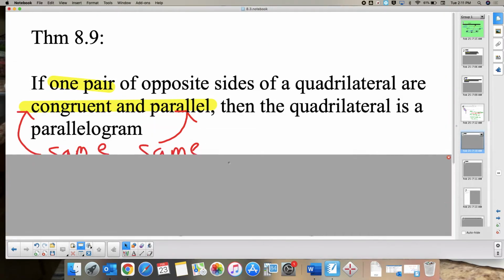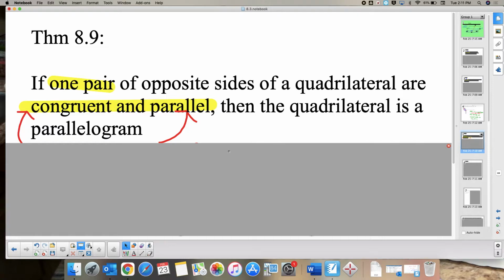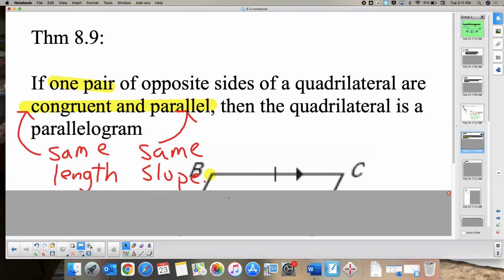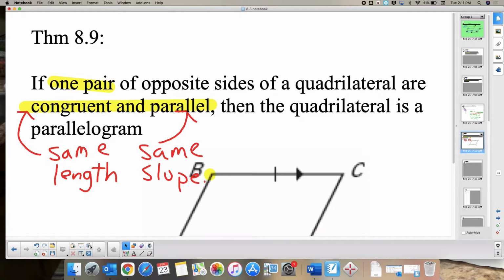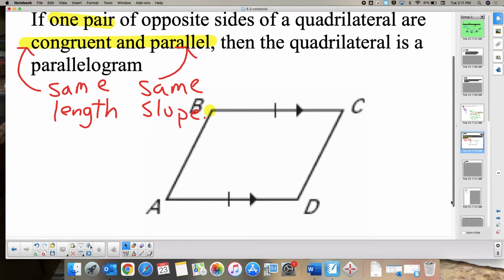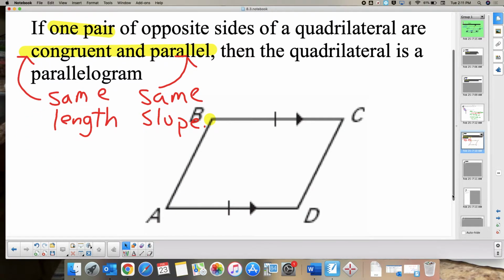Other ways to show that you have a parallelogram. We can look at one pair of opposite sides. We actually don't need both pairs. However, that one set we look at will have to be both congruent and parallel. So that same set will have to have the same length, and it'll have to have the same slope, so that they are both congruent and parallel to each other.